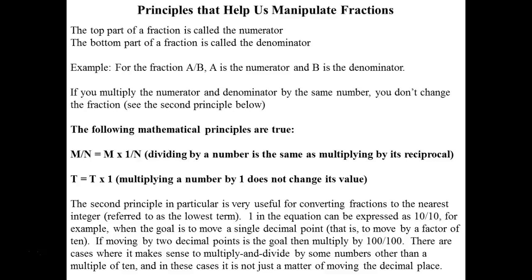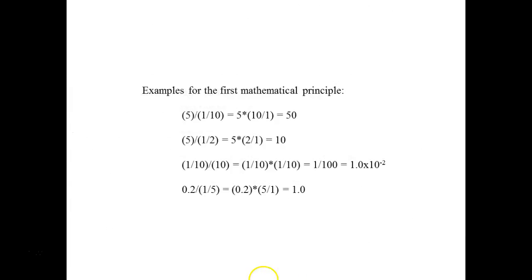I refer to fractions as evil Siamese twins because they're connected to each other, the top and the bottom, the numerator and denominator. If you don't do the same thing to the top and the bottom, they get angry at you. In other words, you get the problem wrong. So my biggest tip when dealing with fractions is to make sure you do the same thing to the top and the bottom.